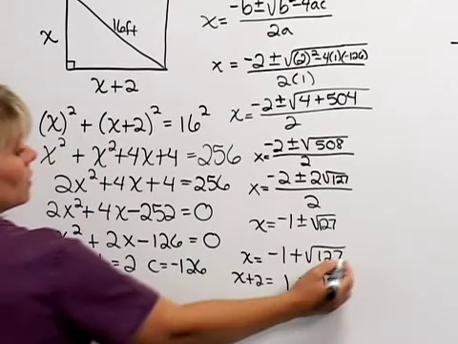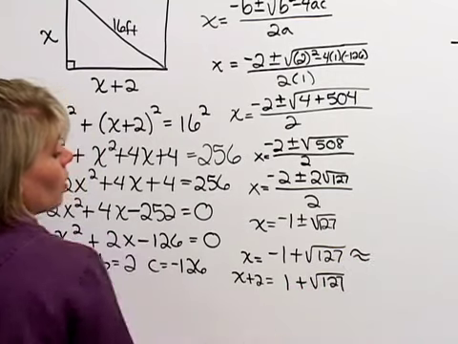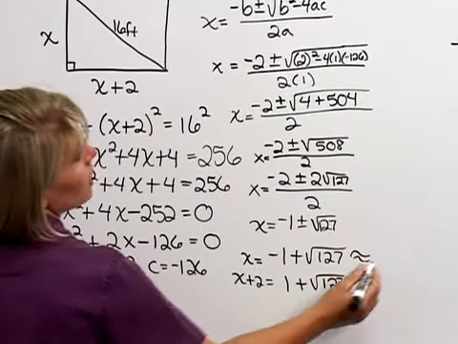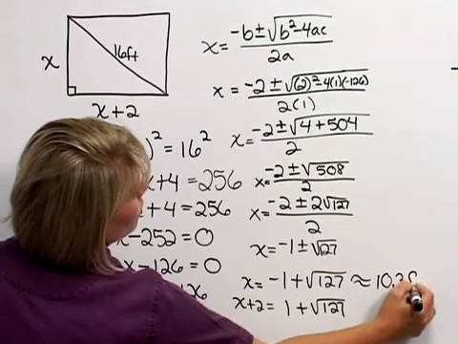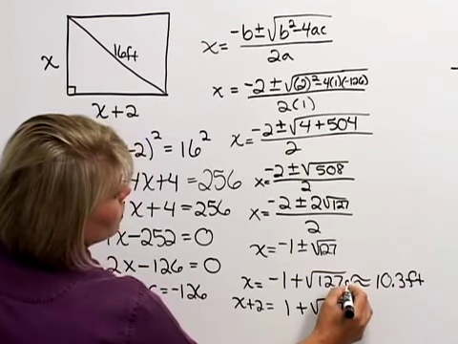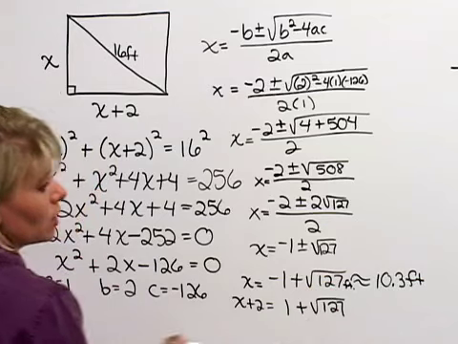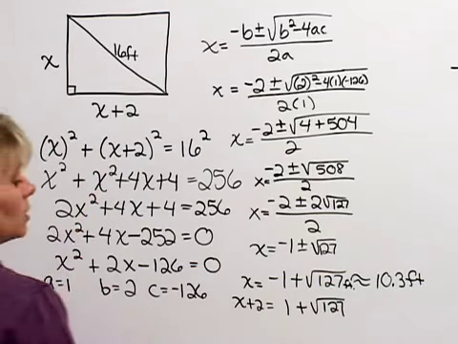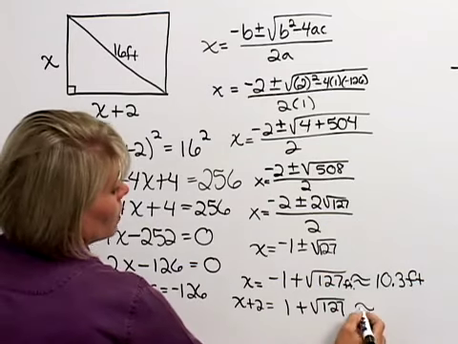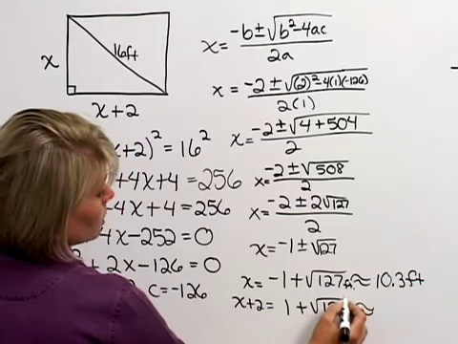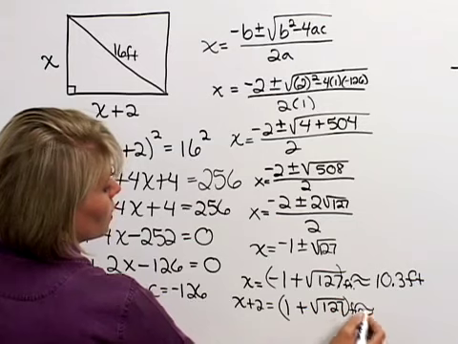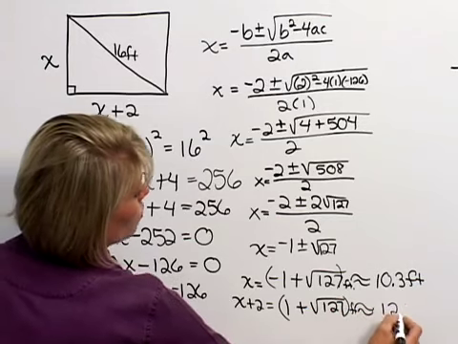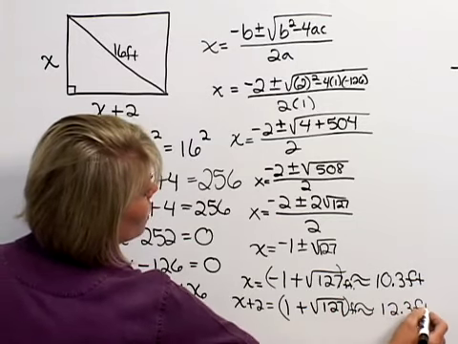If you calculate this out in your calculator, the approximate value for this is going to be 10.3. And our units are feet, so we need to add units of feet onto our dimensions. The approximate value for the other dimension is going to be approximately 12.3 feet.